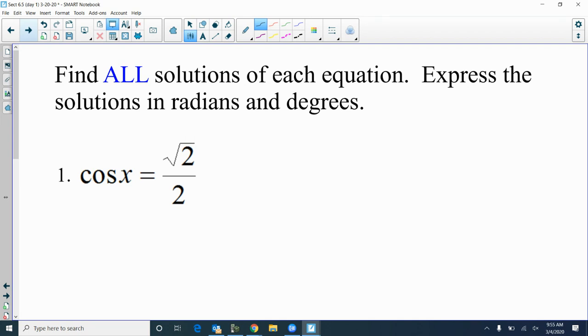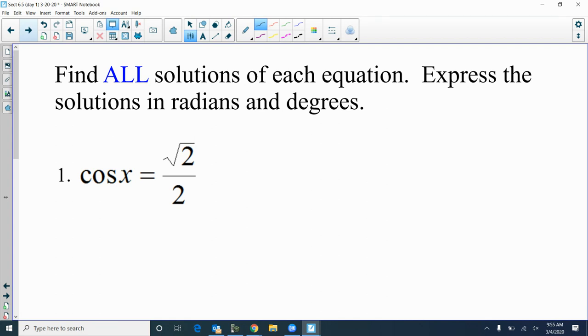So 45 plus 360 would be 405, plus 360, what is that, 765? What's 315 plus 360? 675. And then plus another 360, what is that? 1,035? I might be off there.